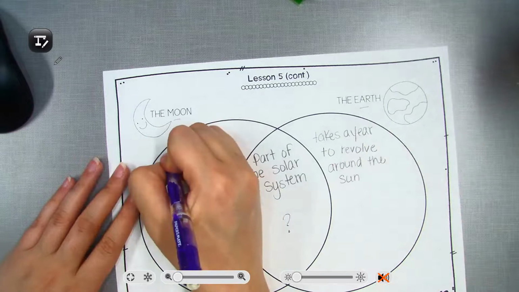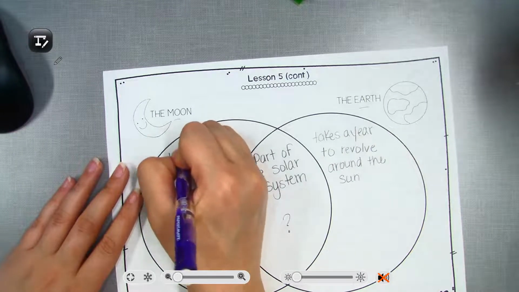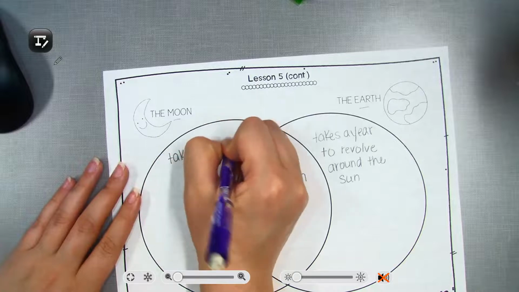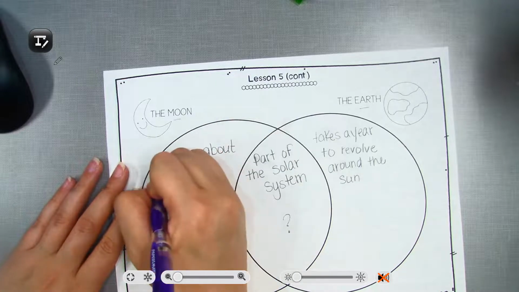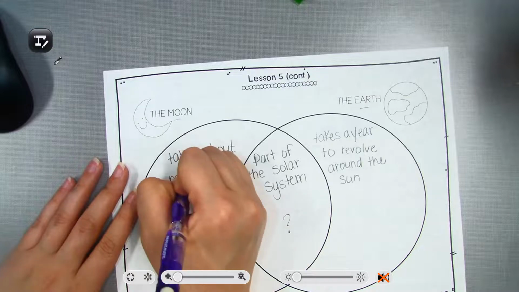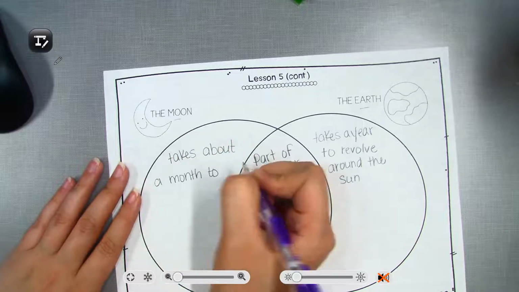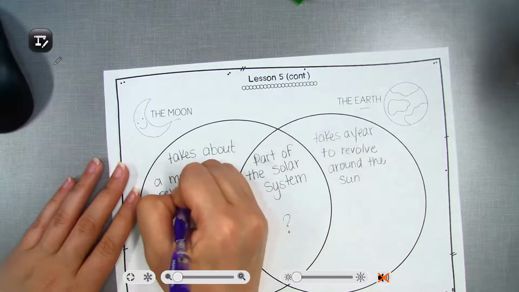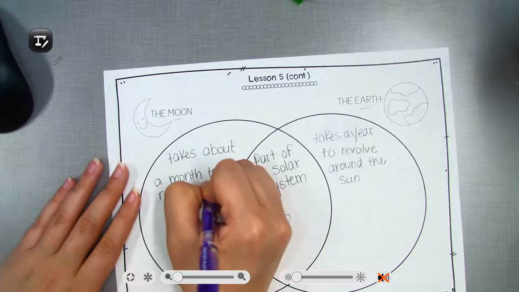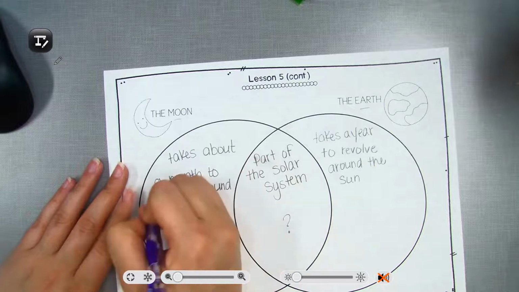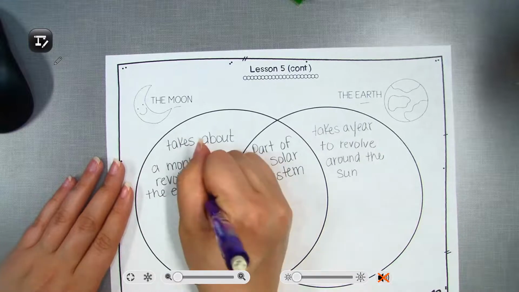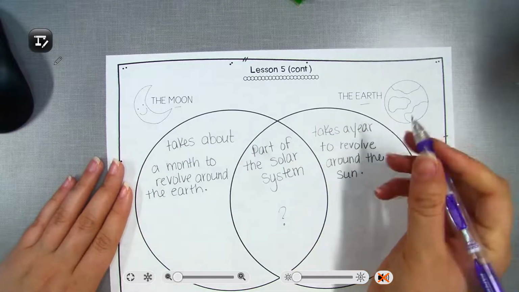Okay, the moon takes about a month to revolve around the earth.